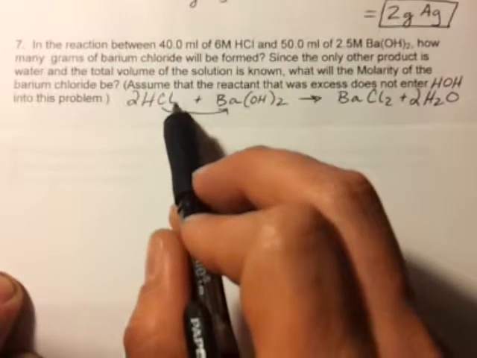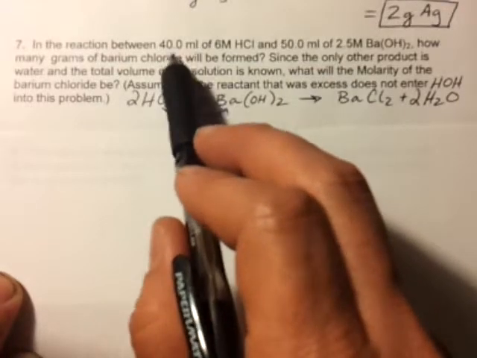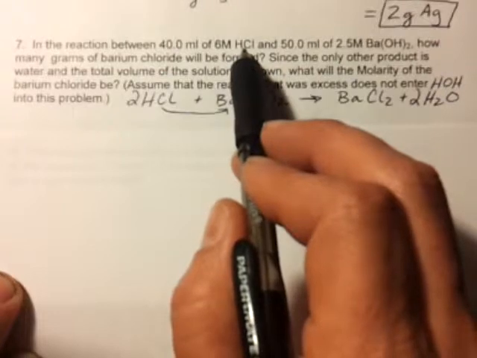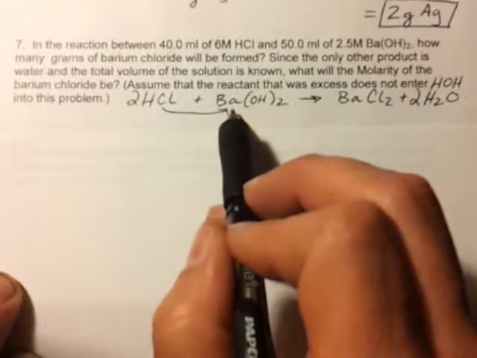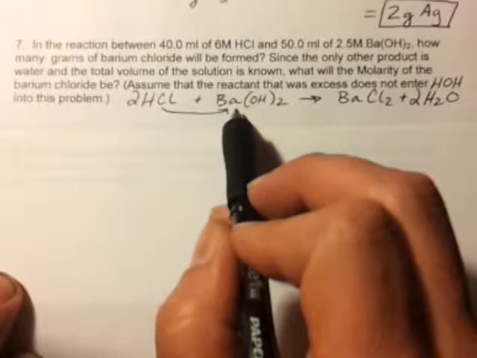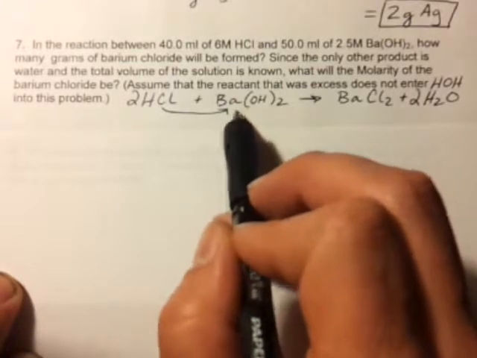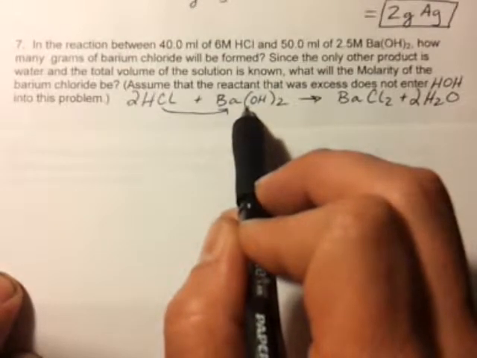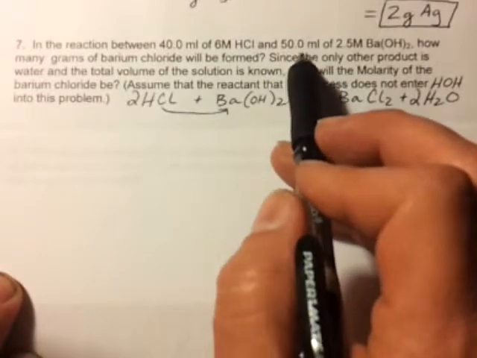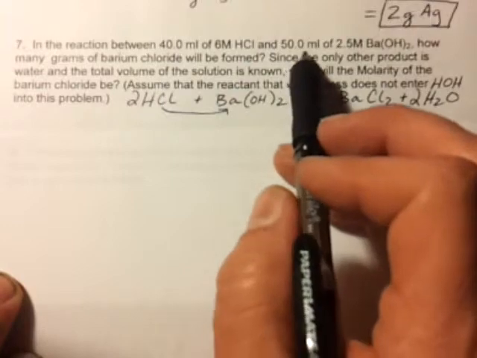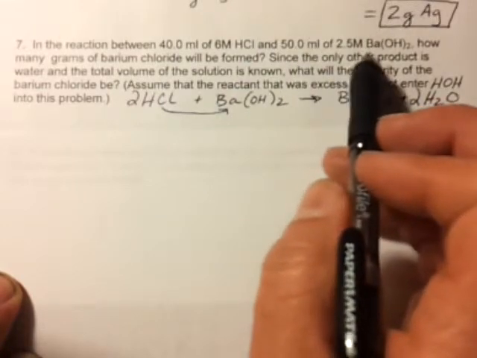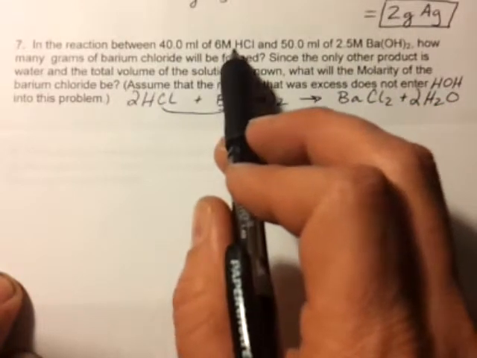If it tells me that with the 40 milliliters of HCl that I have, I need 40 milliliters of barium hydroxide, well, I'll look and I'll see that I have 50. I've got extra. So that would tell me that barium hydroxide is not my limiting reactant, and HCl is.